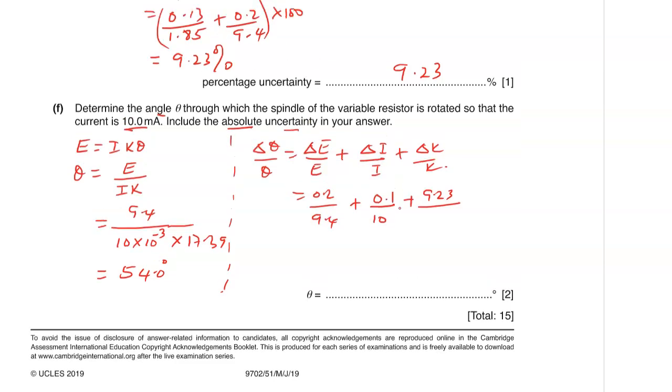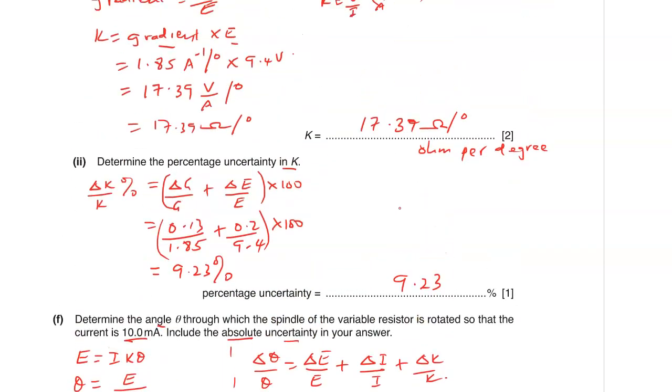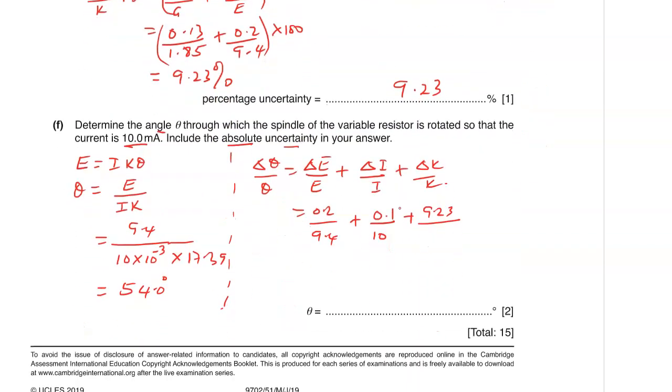what is the value of K? We have the percentage uncertainty, so we don't use this one here. We need the absolute uncertainty. So let's find out the absolute uncertainty of K. The percentage uncertainty of K is 9.23.